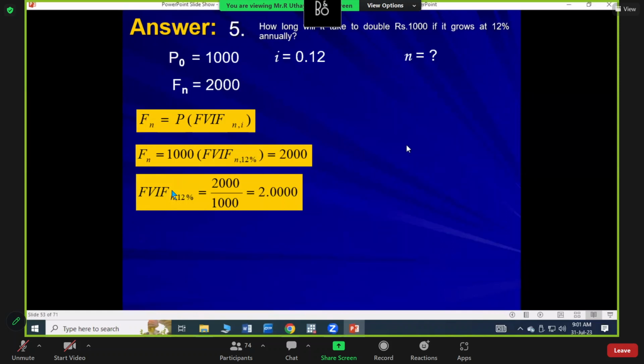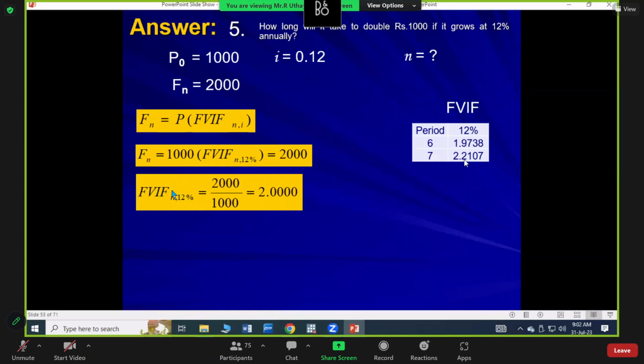You want to use the table to find at what period, at a 12% interest rate, the factor is equal to 2. But you don't have the exact amount equivalent to 2, but you have the close amounts.